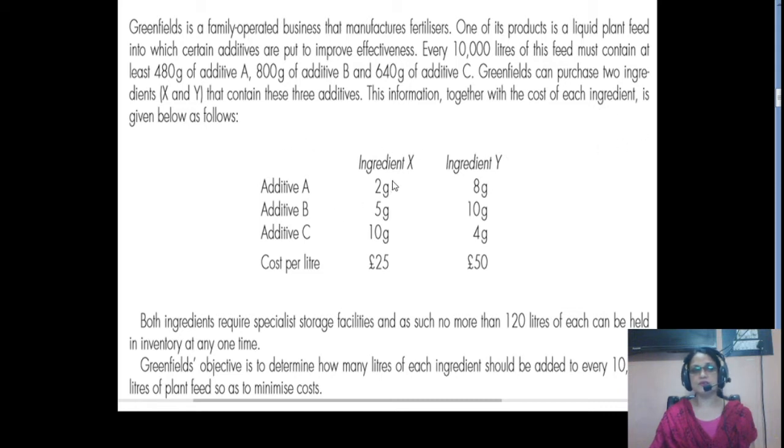So additive A: ingredient X has 2 grams, ingredient Y has 8 grams of additive A. Likewise additive B has 5 grams, 10 grams, and additive C has 10 grams, 4 grams. Now here you are seeing cost per liter, pounds 25 and pounds 50. So students, here we are focusing on cost.